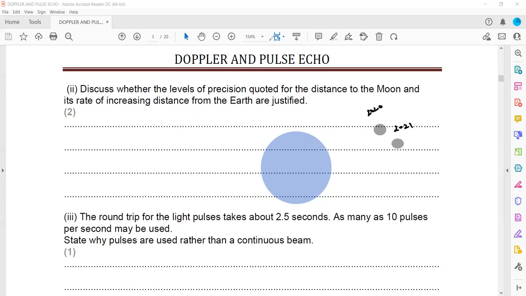So whether this distance is justified, can we say it is precisely measured? We'll say no. What is the reason why?